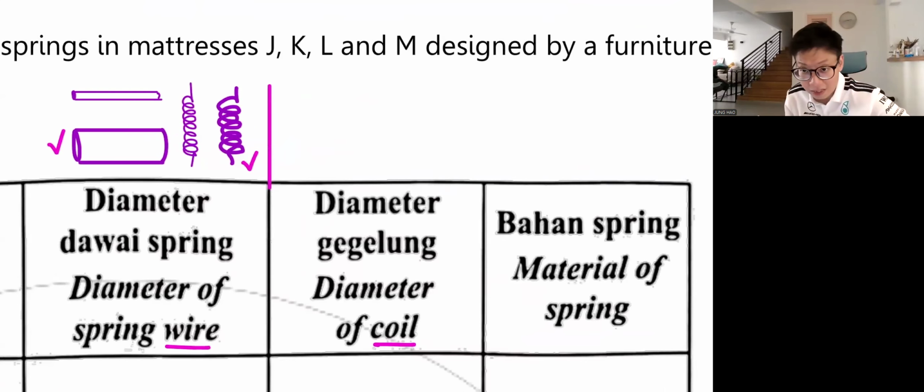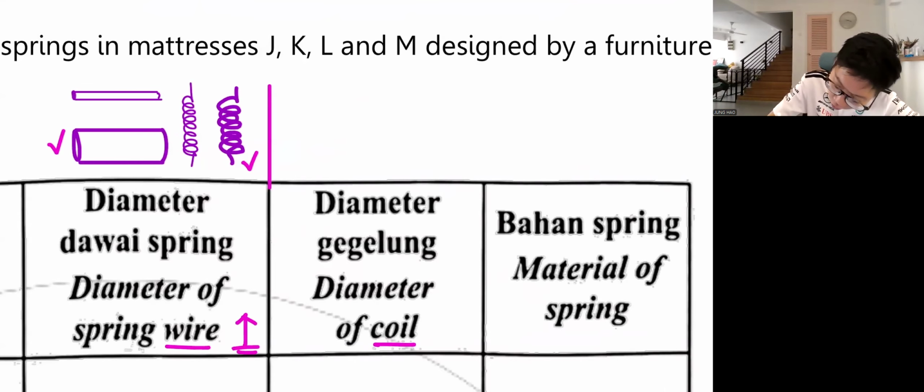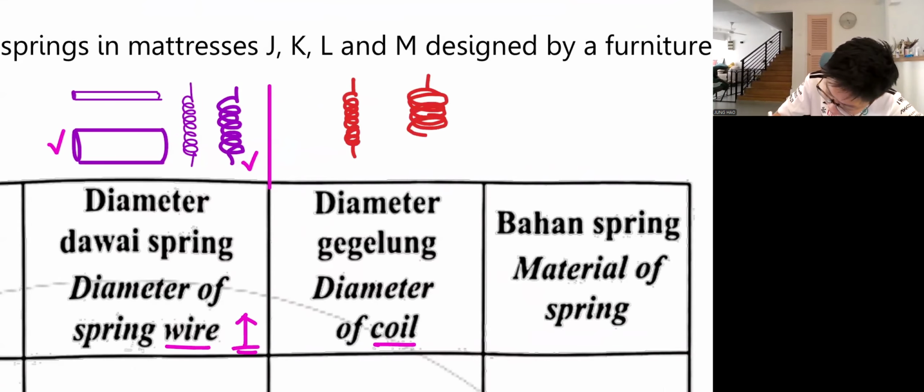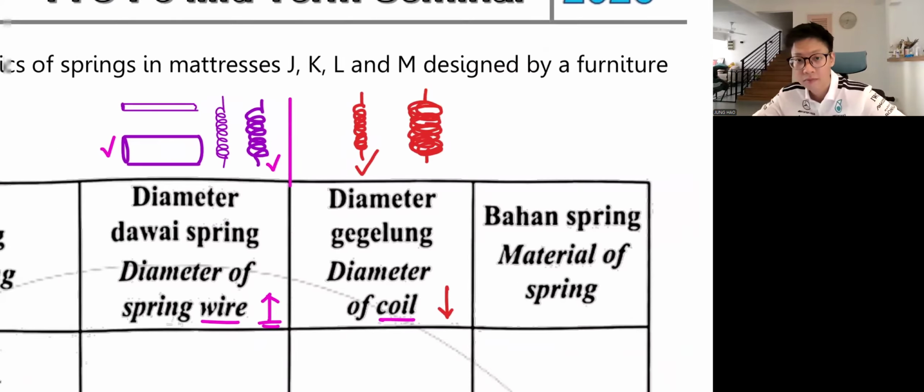What about the diameter of the coil? The diameter of the spring wire is larger, higher. The diameter of the coil is now talking about this. One, you have a very tiny coil. One, you have a very, very big coil. So which one is better? Of course, small diameter is better.